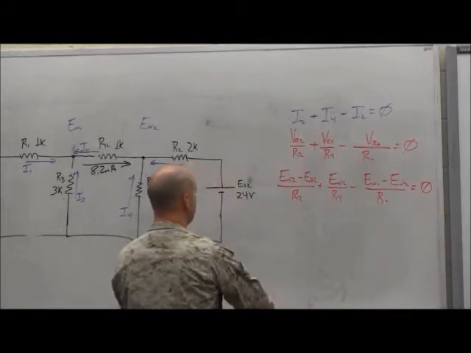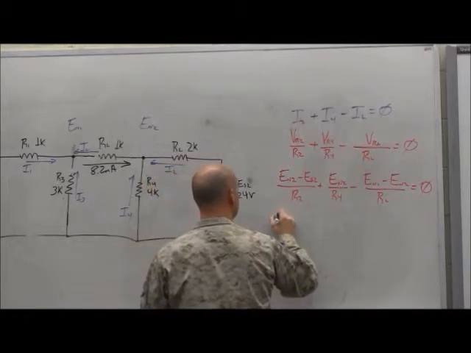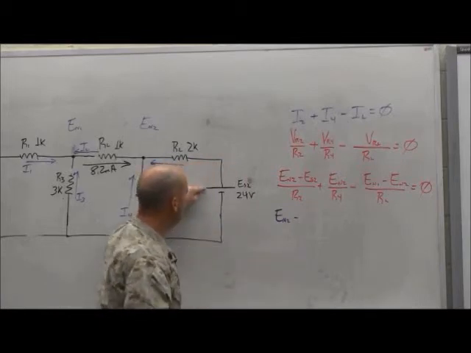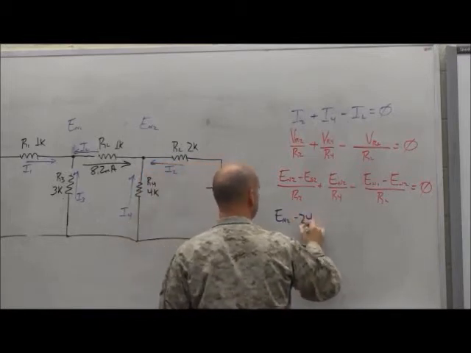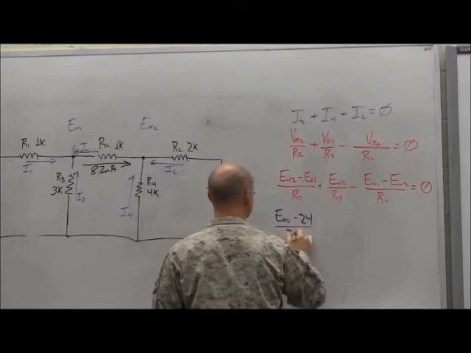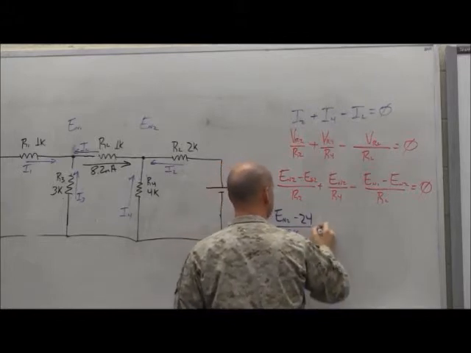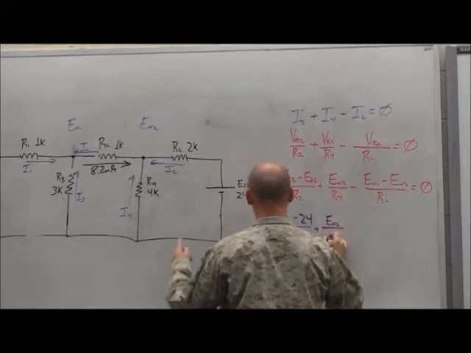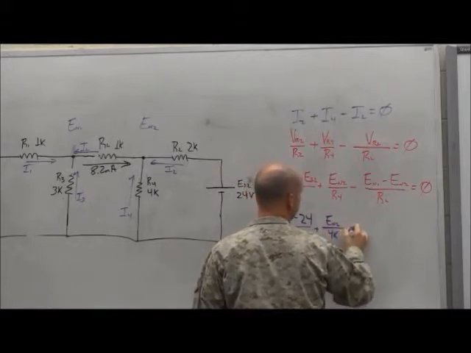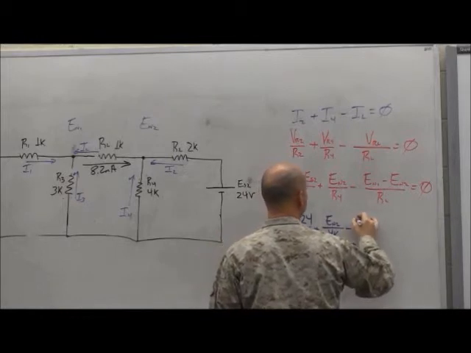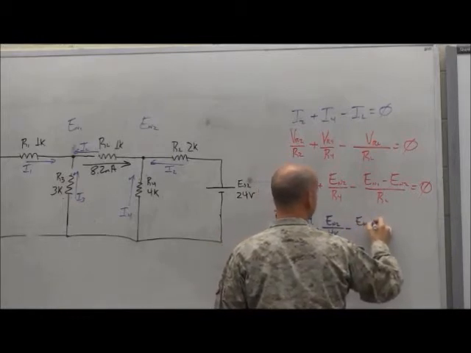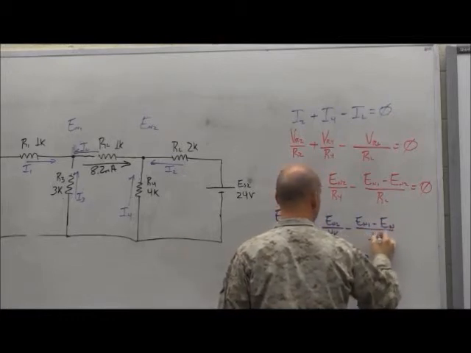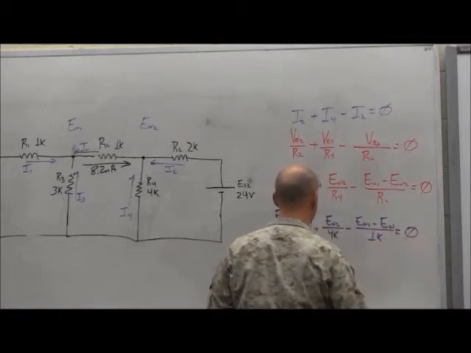Now at this point I can plug my values in. EN2 minus a positive 24 volts divided by R2, which is 2K, plus EN2 over R4, which is 4K, minus EN1 minus EN2 all over RL, which is 1K, all still equal to 0.